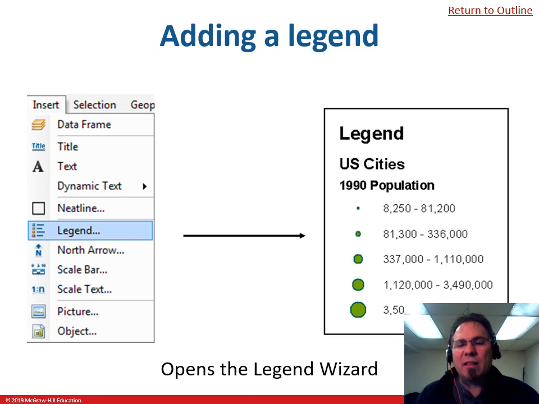It's a wizard driven system. So when you go to add a legend, you just kind of click through the wizard to get it up onto your screen. So I typically just get what I need into my legend and then get it on my screen, and then I edit it, rather than trying to make it perfect within the wizard itself. And I'll explain that as we go.